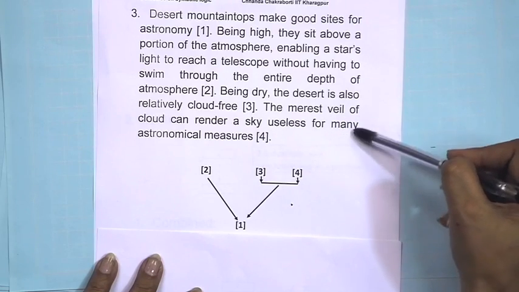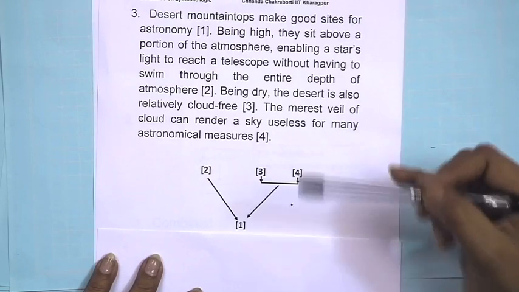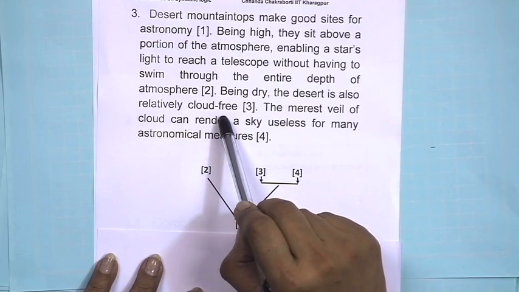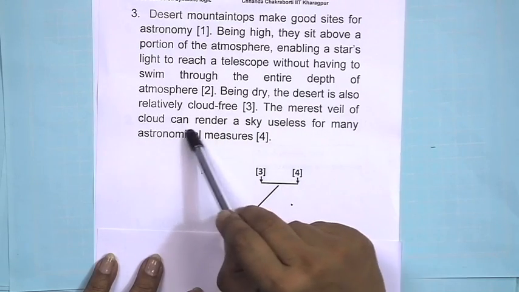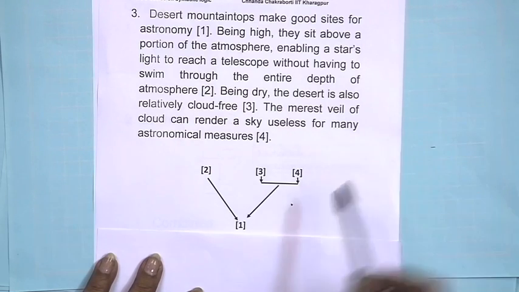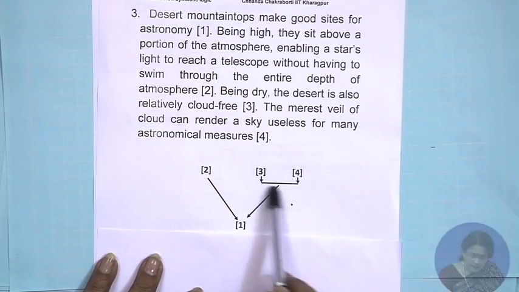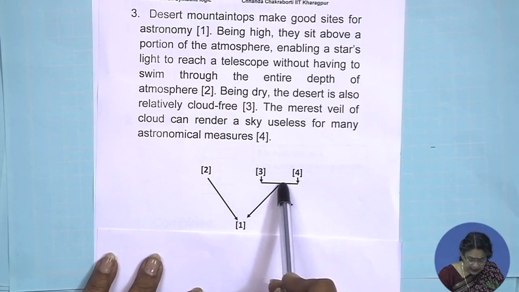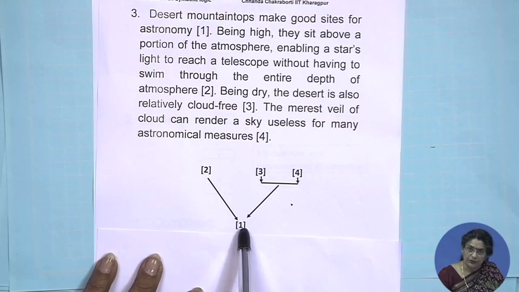And then comes a somewhat of an explanation of this dryness. Why this cloud freeness is required is because the merest veil of cloud can render a sky useless for astronomical purposes. So, in a way they become jointly linked premises, and then they support 1 also.